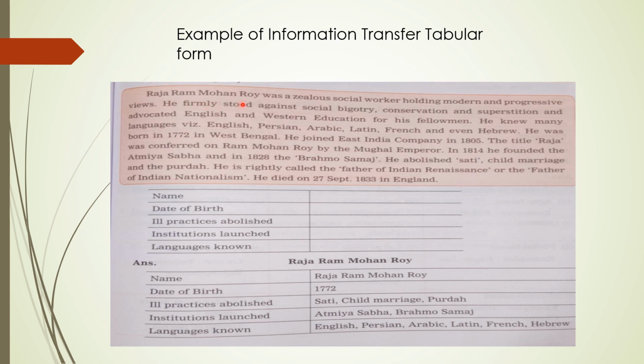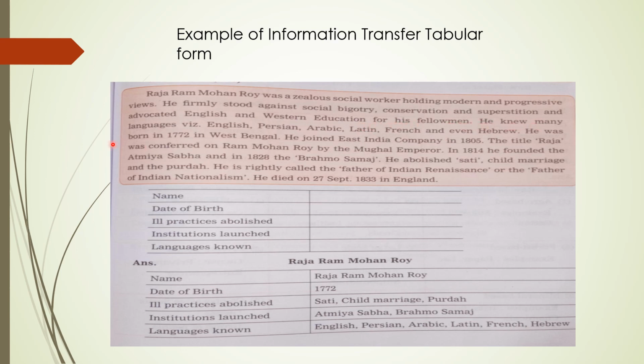Raja Ram Mohan Roy was a zealous social worker holding modern and progressive views. He firmly stood against social bigotry, conservation and superstition and advocated English and Western education for his fellow men.